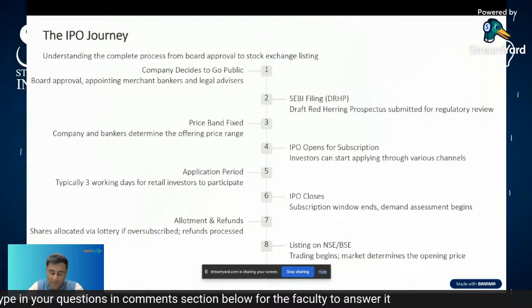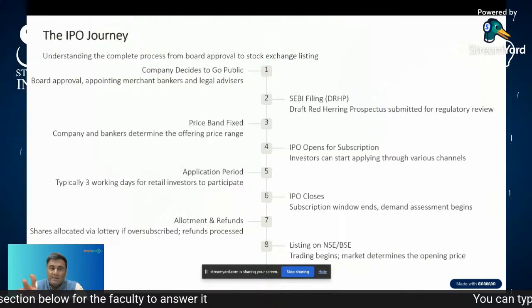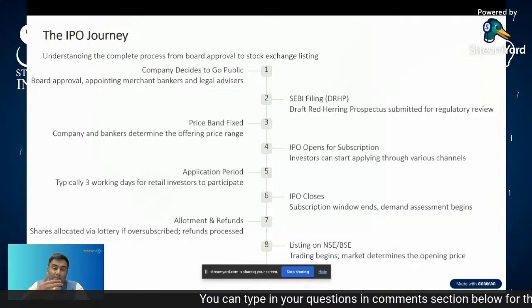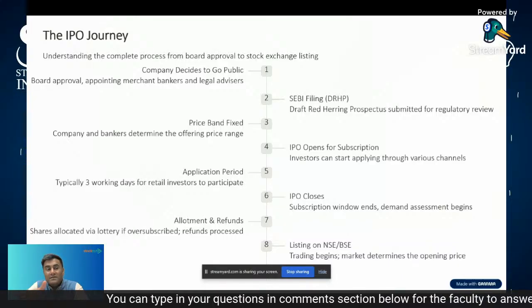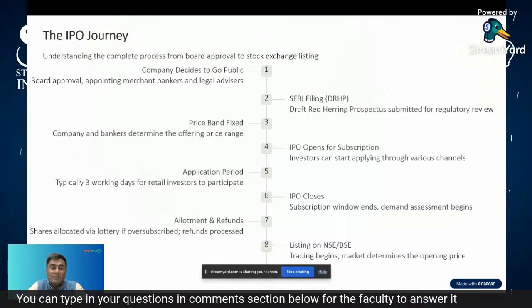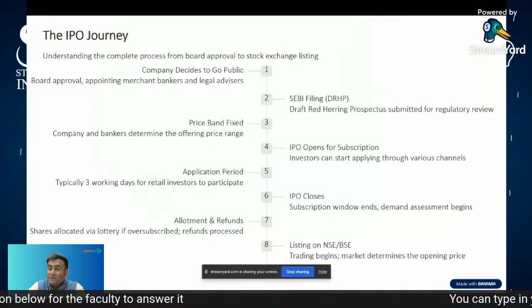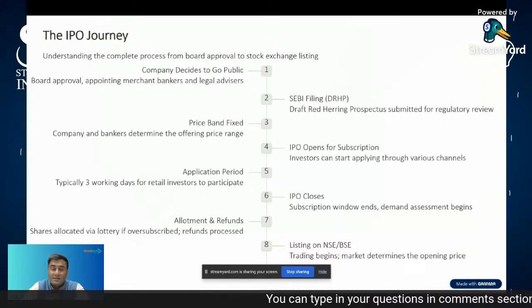So moving forward, the IPO journey, friends. Understanding the complete process from board approval to stock exchange listing. Let's say a company decides to go public. First, it will take the board's approval. It will appoint merchant bankers and legal advisors. They will do the SEBI filing, the draft red herring prospectus.